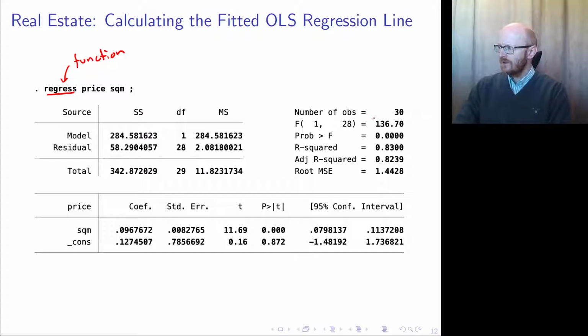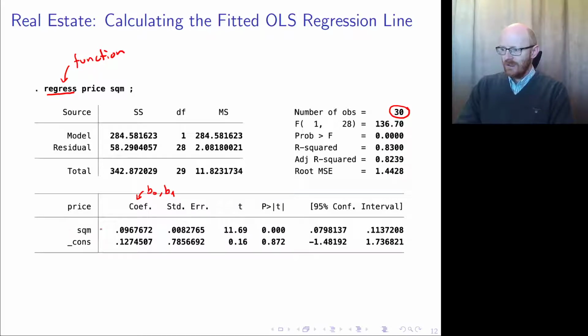So, for example, you have the number of observations, and you also get the coefficients, okay, which are B0 and B1, right? The intercept and the slope.